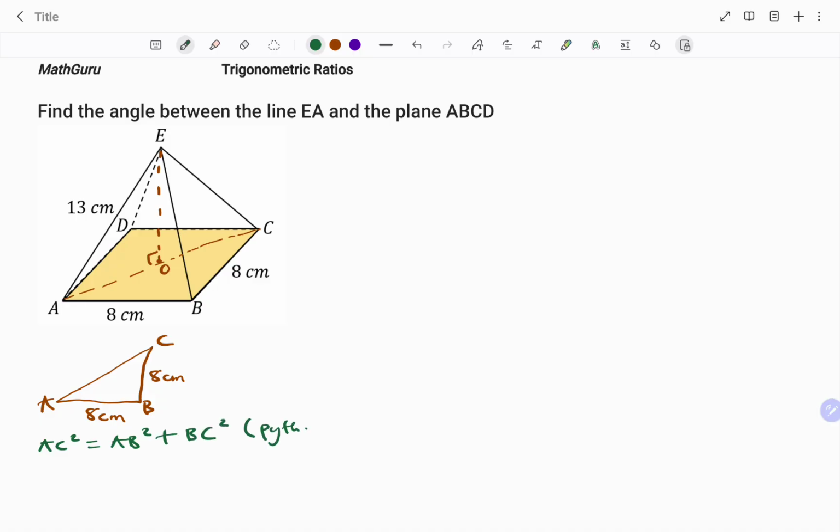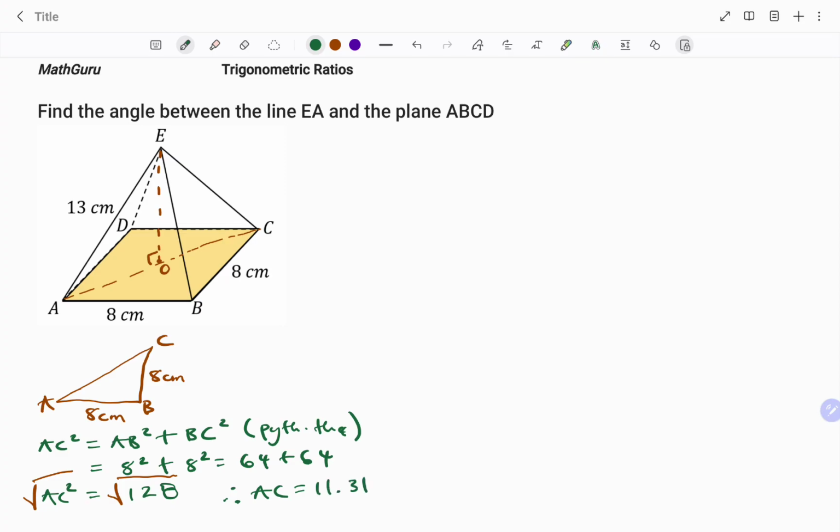AC squared will be equal to 8 squared plus 8 squared, which is 64 plus 64. So AC squared equals 128. Therefore, to find AC, I'm going to find the square root of both sides. The distance AC will be the square root of 128, that's 11.31 centimeters to 2 decimal places.